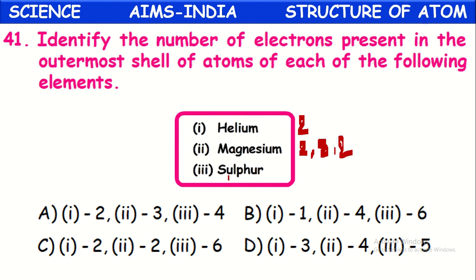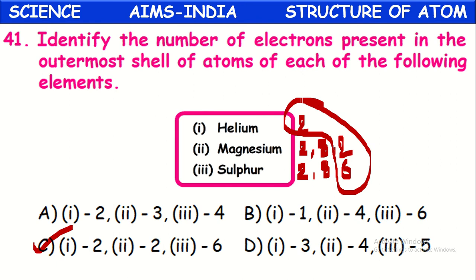And for sulfur, atomic number is 16, the configuration becomes 2, 8, 6. Now helium has 2 electrons, magnesium has 2 valence electrons, and sulfur has 6. So 2, 2, 6. Where is it? Here. It is the correct answer. Got it? You are just being asked about valence shell electrons.